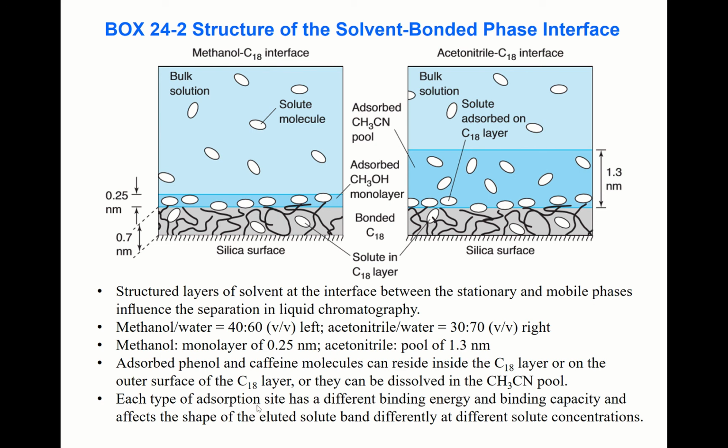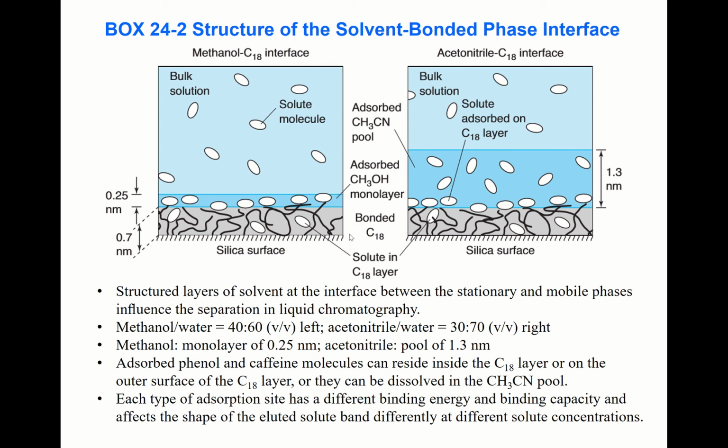Each type of adsorption site has a different binding energy and binding capacity, and affects the shape of the eluted solute band differently at different solute concentrations. So the interactions and interface structure are different, and so the separation will be different.